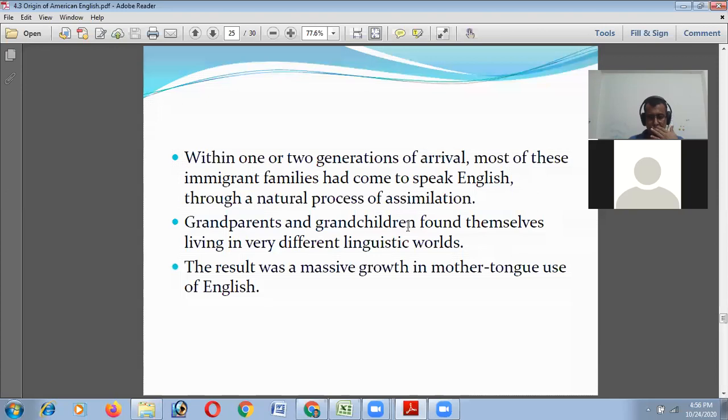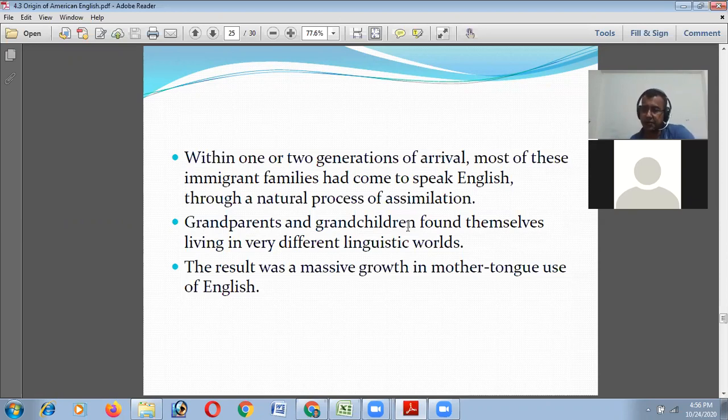Grandparents had been using their first language, be it Spanish or German, but the grandchildren are using the English language. The result was a massive growth in mother tongue use of English.